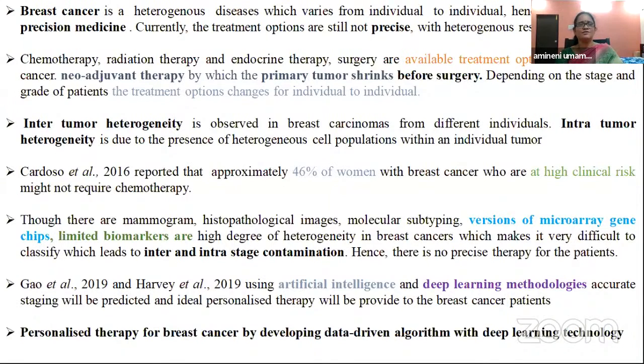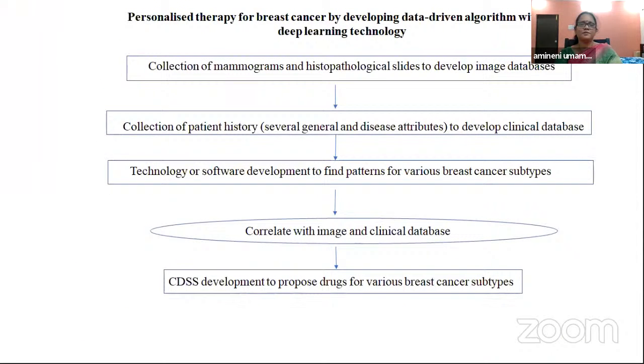With this intention, we aim to do personalized therapy for breast cancer by developing data-driven algorithms with deep learning technology. These are the objectives. First, we will collect radiological images of breast cancer, normal people, and also benign tumors, which are not cancerous.